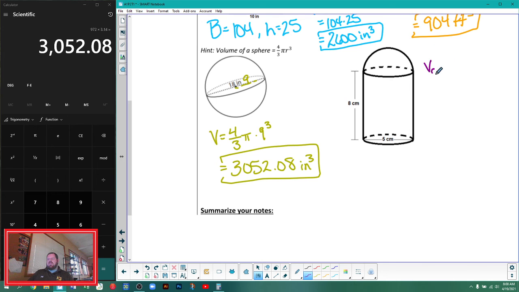So for the volume of the cylinder, it's going to be area of the base, pi r squared. The radius is 2.5.